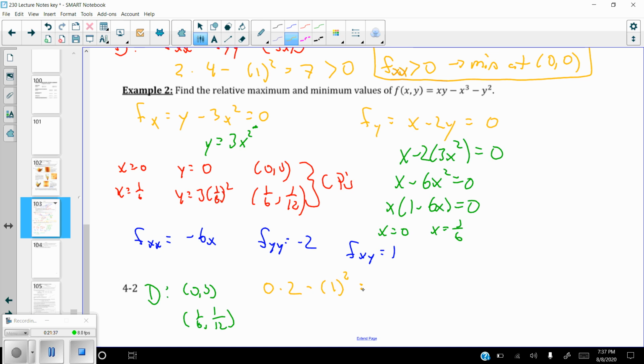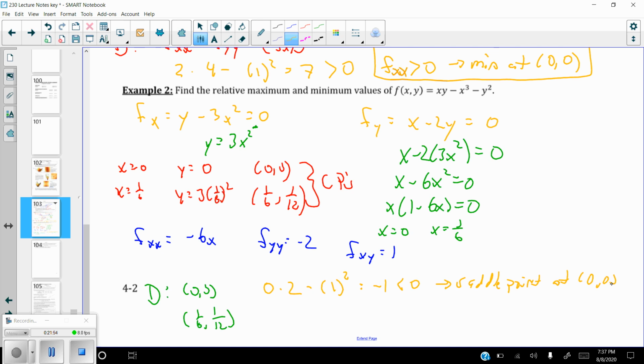That's going to be 0 times 2, which is 0, minus 1, so that's actually minus 1. That's less than 0. That's automatically a saddle point. So we have a saddle point at (0, 0).